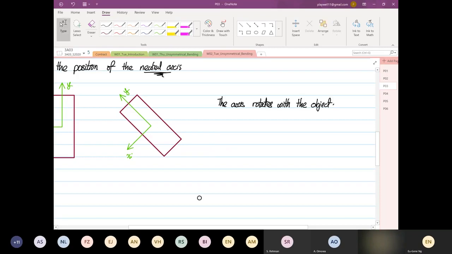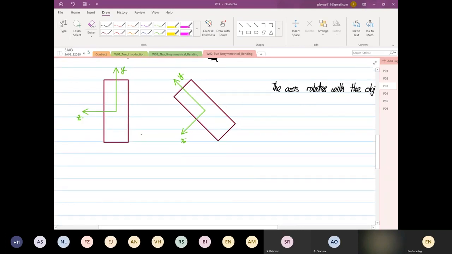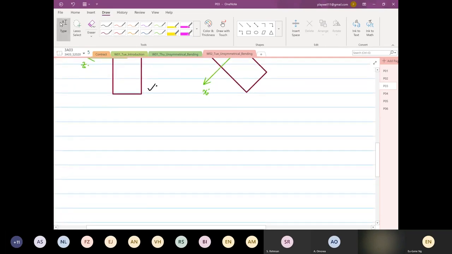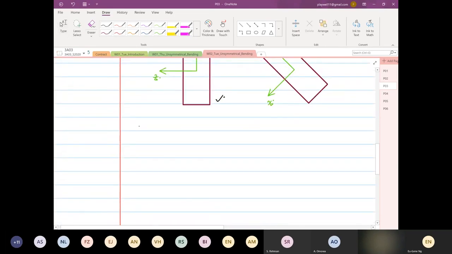So we know it can be either one. Okay, so let's focus on this diagram over here. So we know that stress in the X direction will be equal to MY over Iyy Z minus MZ over Izz Y. Okay.